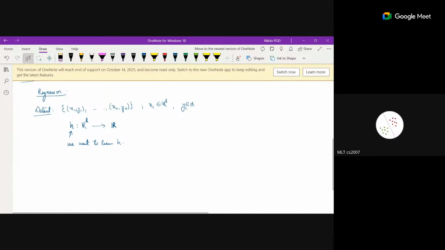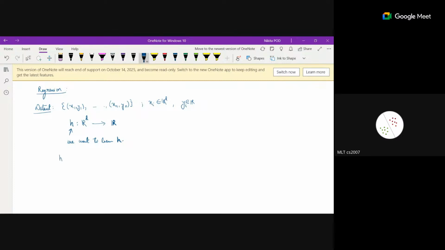Let's say we fit the model and we have the h, but that doesn't stop there, right? Next, we would be interested in knowing how to check whether the h that we get after training is good enough.